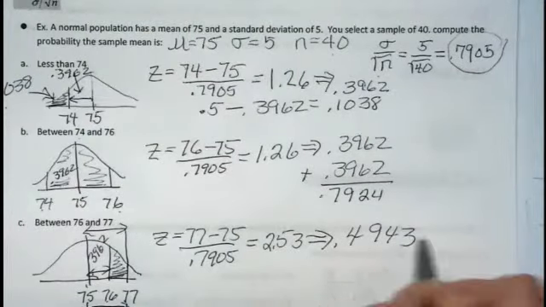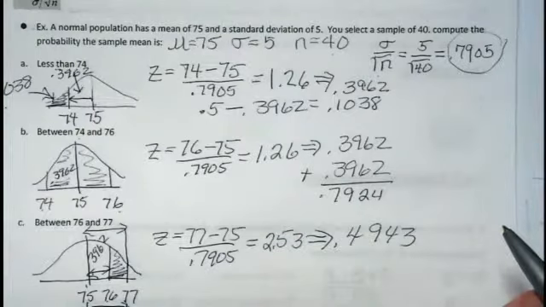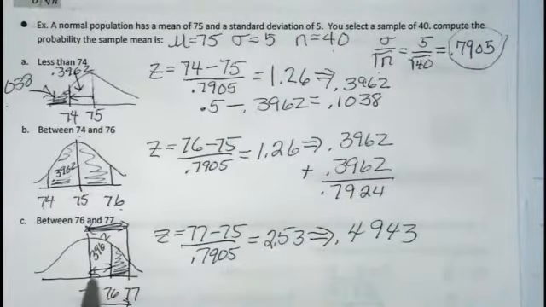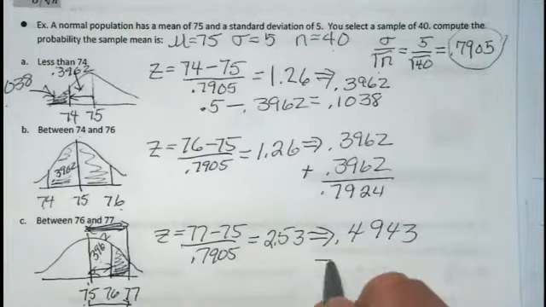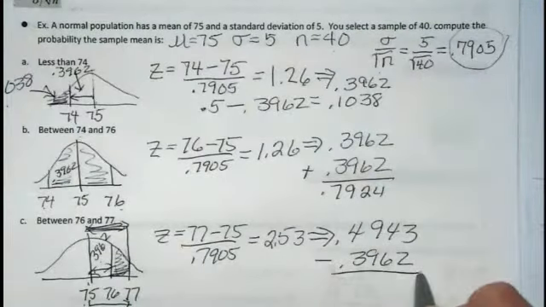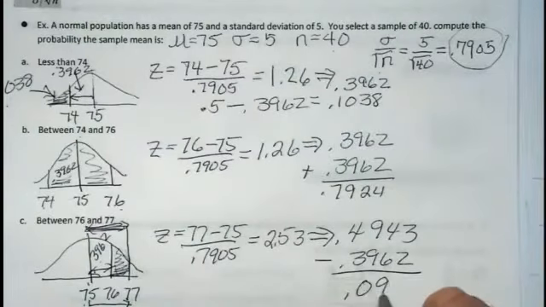You should be looking these up in the table. Check me. I do make mistakes. From here to here is 0.4943. From here to here is 0.3962. We want this area, so we subtract the two of them and get 0.0981 for answer C.